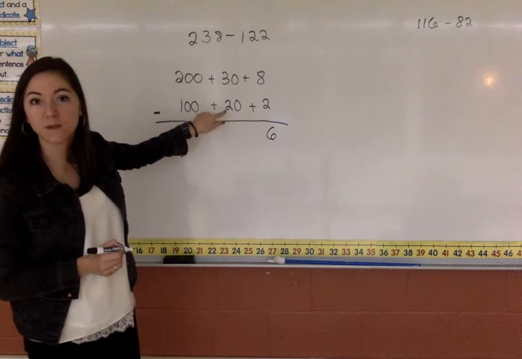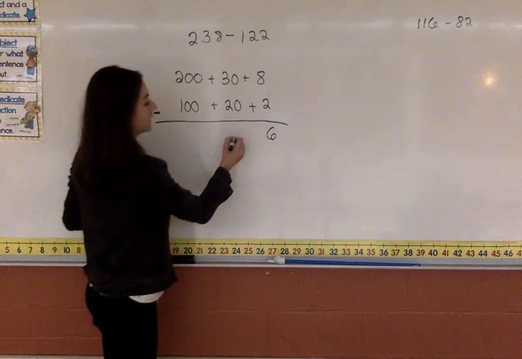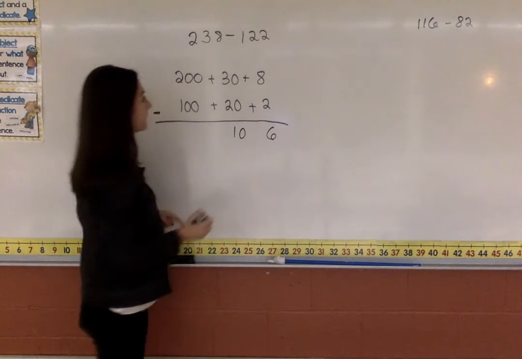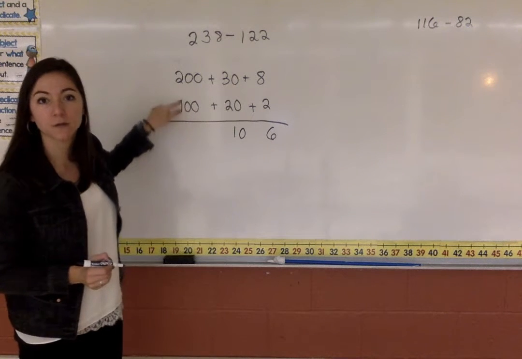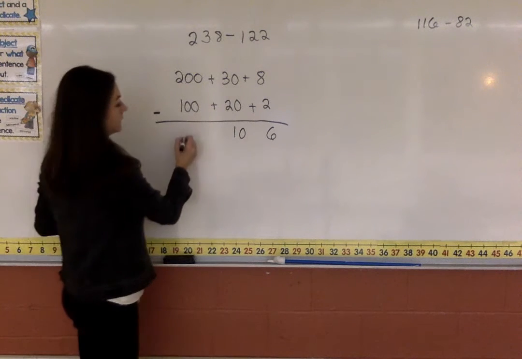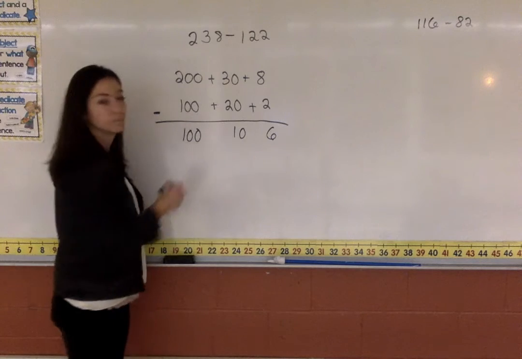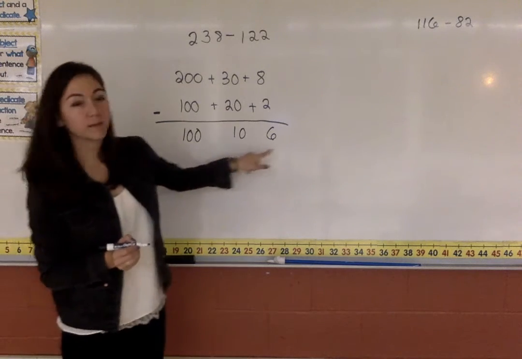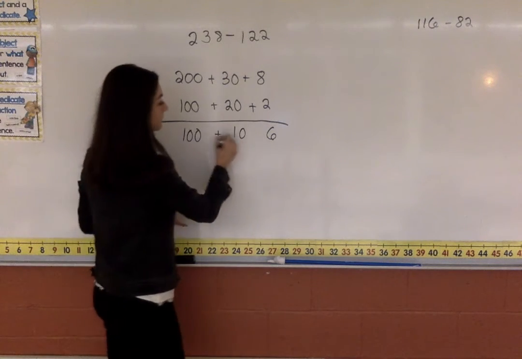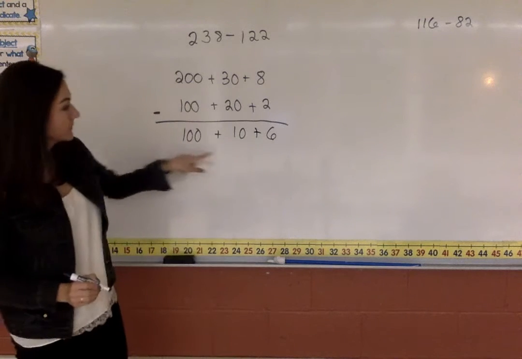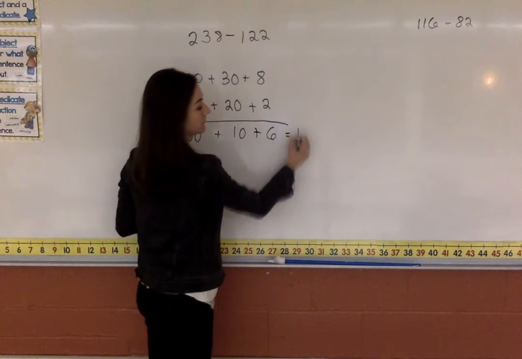I'm going to take away 20 from 30 and get 10. And I'm going to take away 100 from 200 and get 100. And then I can add the place values that I'm left with to get 116 as my answer.